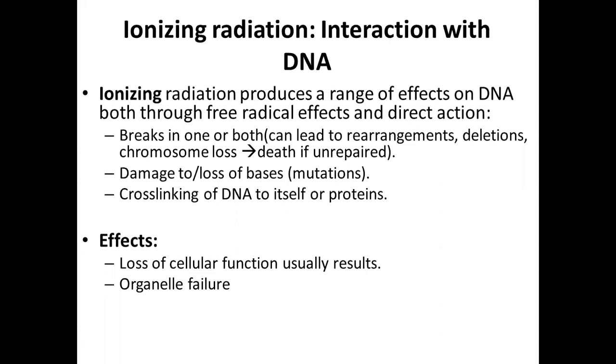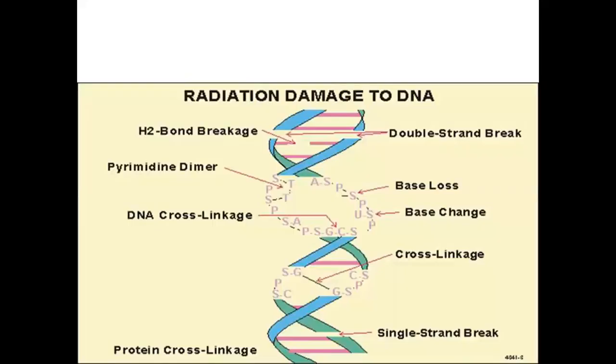Remember, the organelles are in the cell, so a certain organelle can fail due to this ionizing radiation. The other thing is that they can lead to a blockage in cell division. And then, as mentioned earlier, it can lead to the death of the cell. So these are the ultimate effects of the ionizing radiation's interaction with DNA.